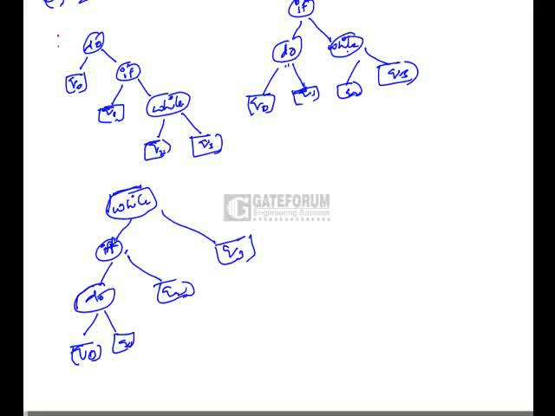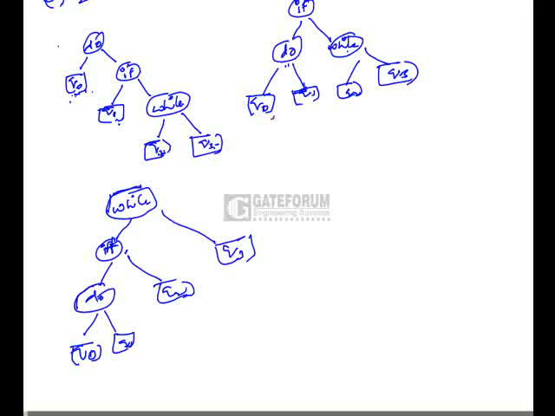While calculating the cost, for Q's we have to take level minus 1, and for P's we have to take the level. For example, for this one Q0 will be multiplied by 1, Q1 will be multiplied by 2, Q2 and Q3 will be multiplied by 3.